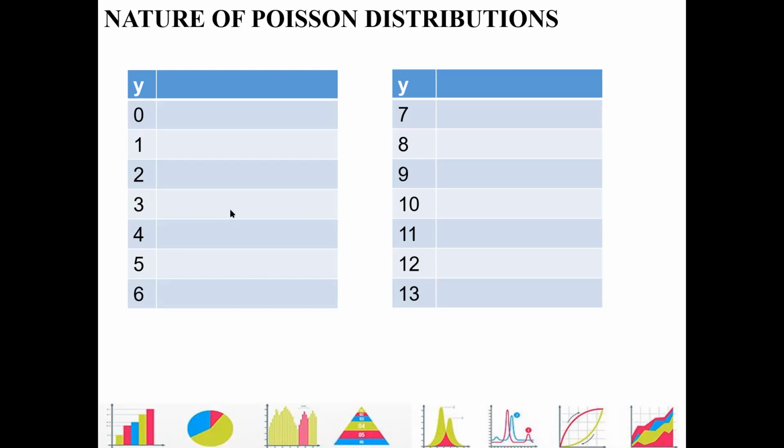Tingnan niyo kung ano yung pattern ng probability distribution, if nagkakaroon ba ng increment every dagdag ng buwan, or at a certain month na-pick niya yung kanyang probability, then after nun, nag-i-slow na yung increment. So, i-check niyo. But it's for you to try this example.